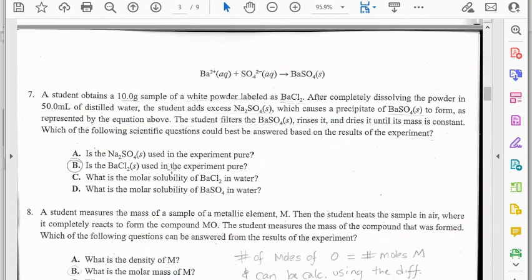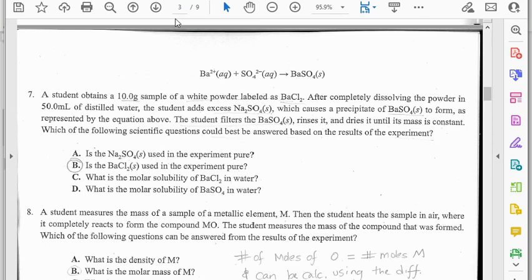Numero 7. Okay, so we've got a 10. This one was the hardest. Oh wait, I didn't even see the equation. Oh, I got it. Okay, that makes sense. You guessed C. You're such a genius. Partially, I just didn't know what the molar part of solubility was.